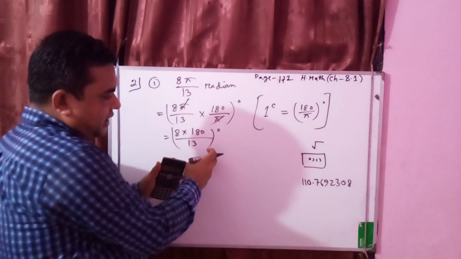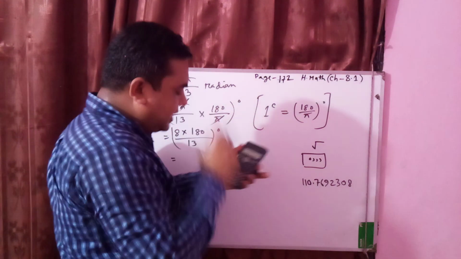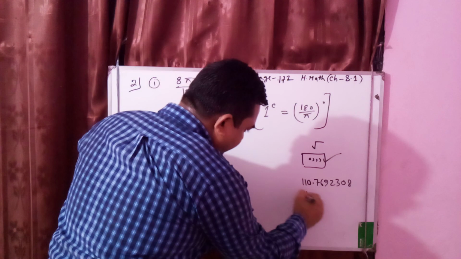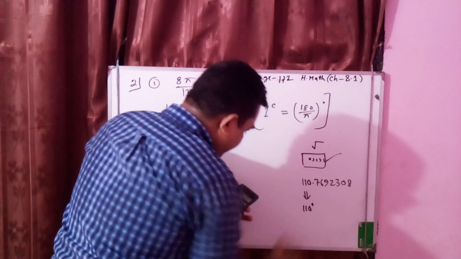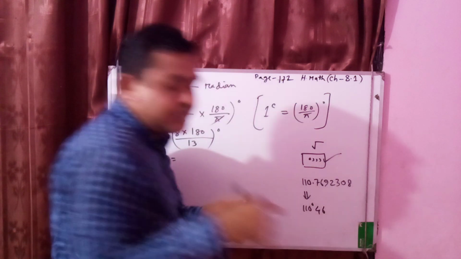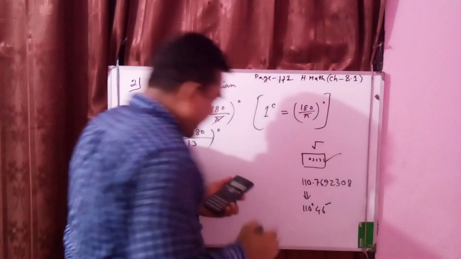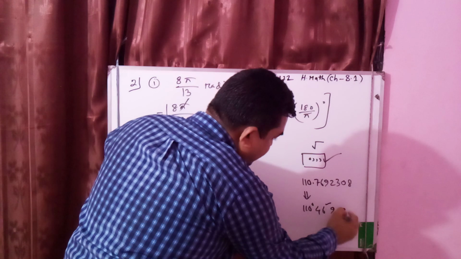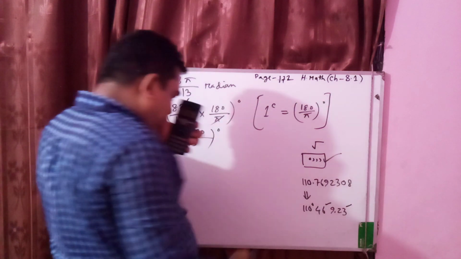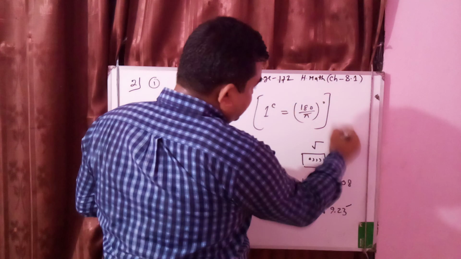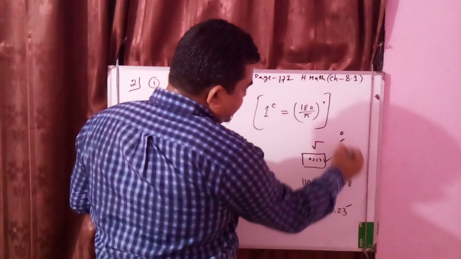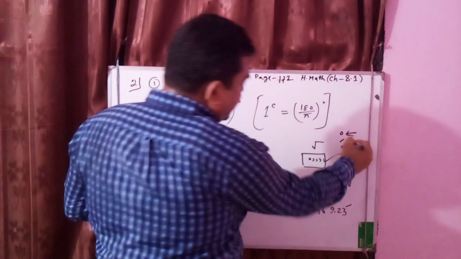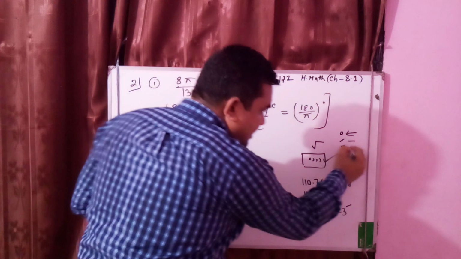If we click this button, the value will be 110 degrees, 46 minutes, and the last digits 9.23 seconds. When we convert, we denote this as degree, this as minute, and this as second.